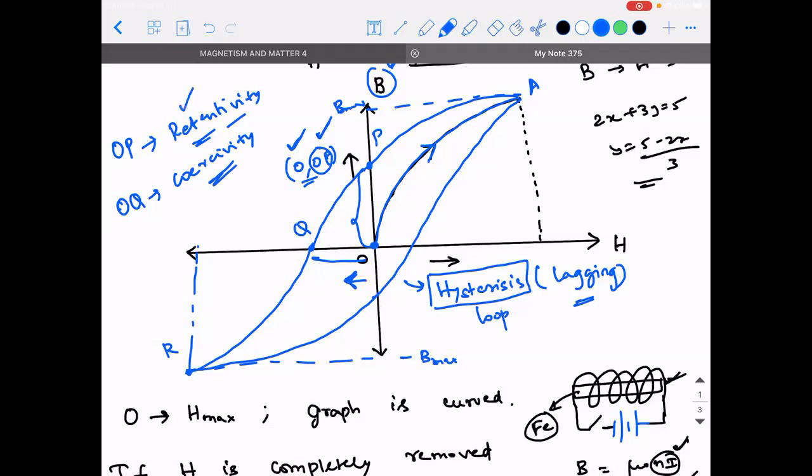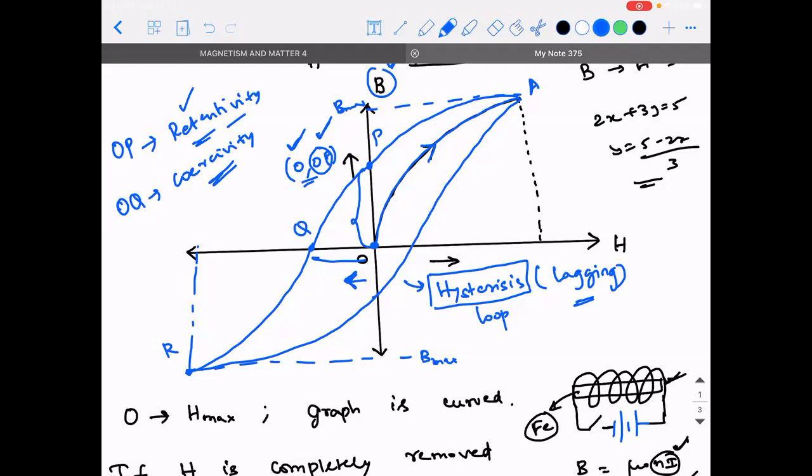So as the name suggests for OP, what do you mean by retentivity? Retentivity is a property of the ferromagnetic substance to retain its magnetization or retain its magnetism in spite of the removal of external magnetizing field. Am I right?